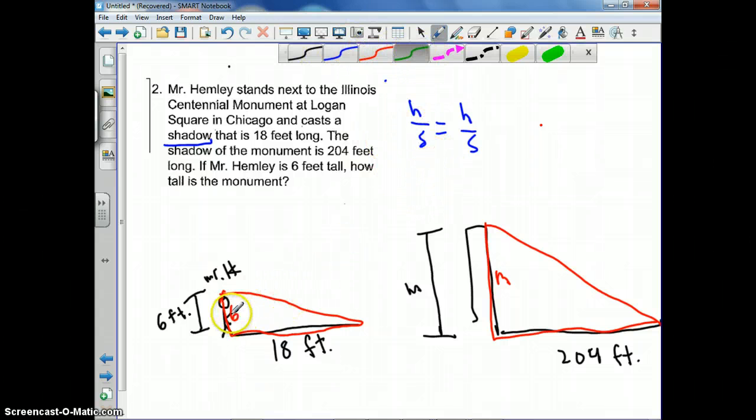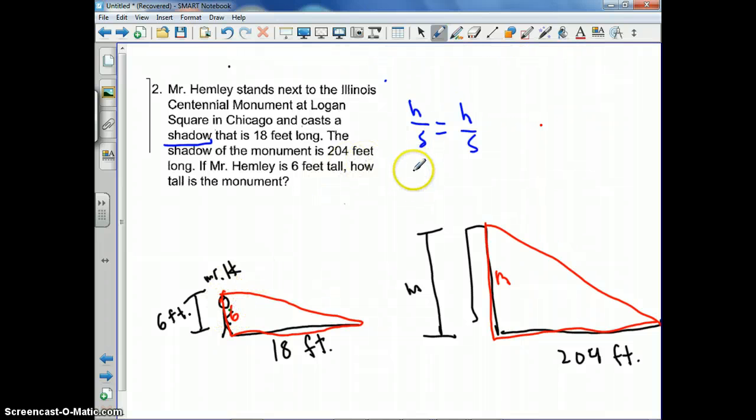So what I'll do is I'll make a proportion. 6 is his height. What is his shadow? 18 equals, what's the building's height? We said M, didn't we? Yeah. And what's the building's shadow? 204.